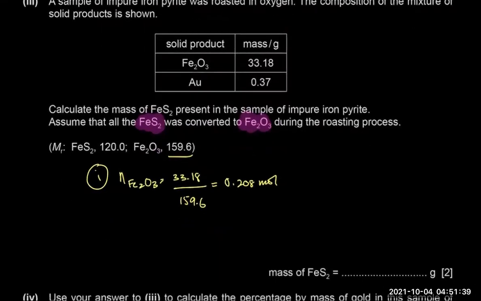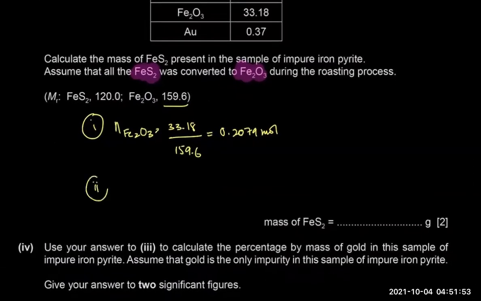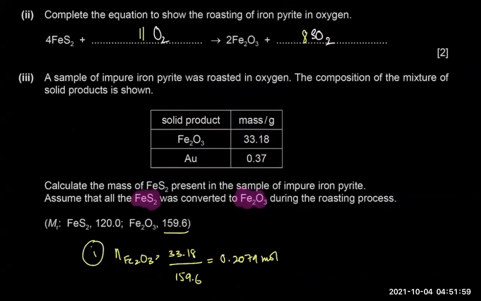Now what do we do next? 0.2079. So let's actually, since we want the answer in 3 significant figures, let's do our working in 4. So 0.2079 moles, right? Next we have the number of moles of FeS2, right? Now we know that for every 2 moles of iron(III) oxide, we have 4 moles of FeS2.